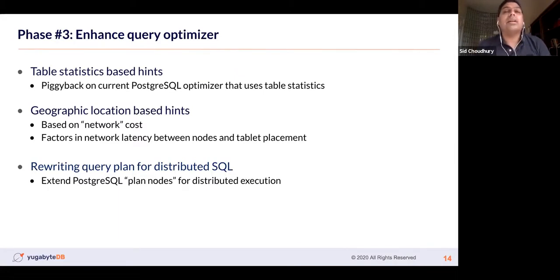Cross-region latencies typically can become the dominant latency in a distributed database when you are deployed in a geo-distributed form factor. And overall, the idea is that as time progresses, our query optimizer will speak PostgreSQL obviously, but will become a sophisticated geo-distributed, location-aware query optimizer that again pushes the envelope of the distributed SQL architecture.